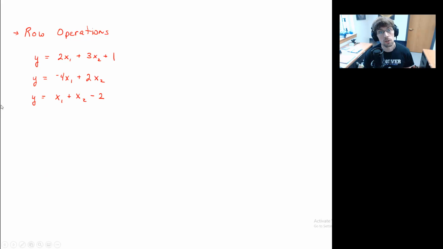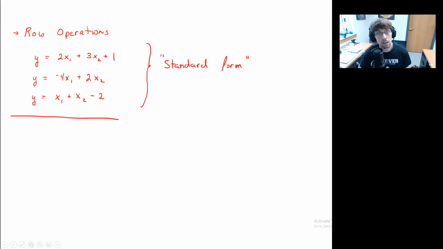Now we're going to introduce the first thing. The first idea is that I need to put these into, I'm sorry, I'm looking for the term here. I believe it's just called standard form. Okay? So I apologize, I didn't have that down, but I want to take these equations and write them in standard form. What this means is that I want to get all of the variables on one side of the equal sign and any term that does not contain a variable on the other side.